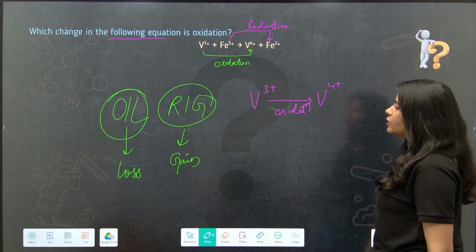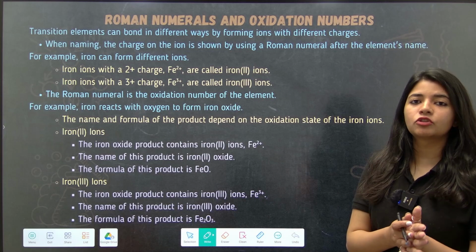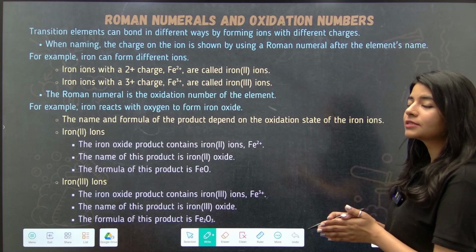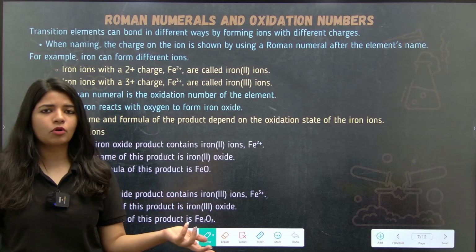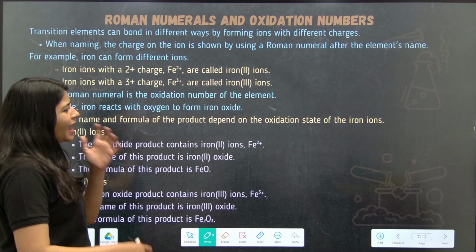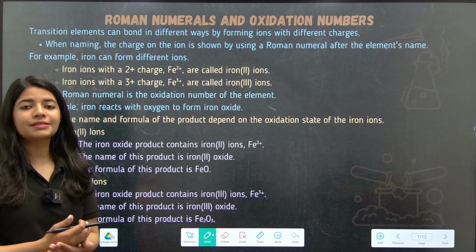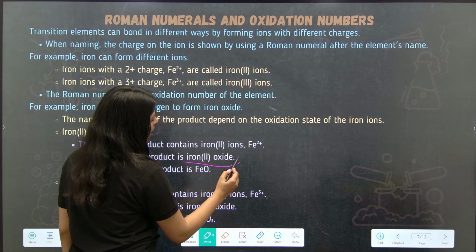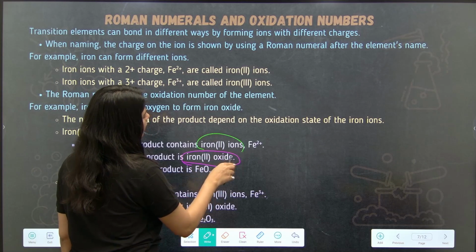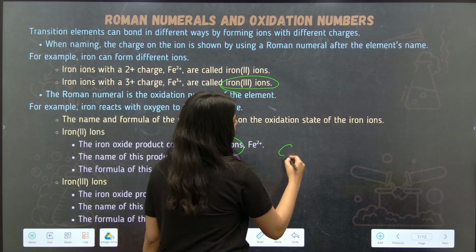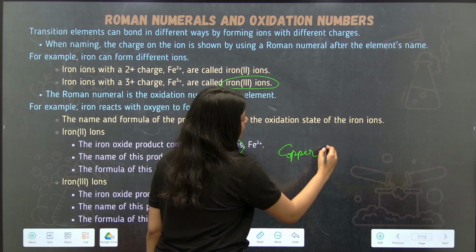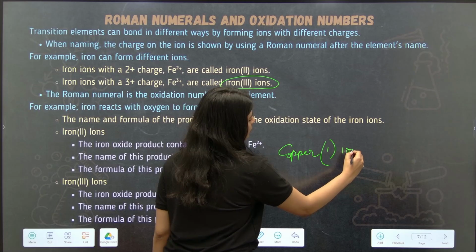Now let's move on to the next part. Here we are going to talk about Roman numerals and oxidation number. In chemistry books you must have seen compounds written as iron(II) oxide, iron(II) ions, copper(III) ions, or copper(I) ion.